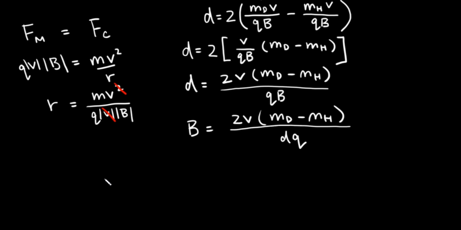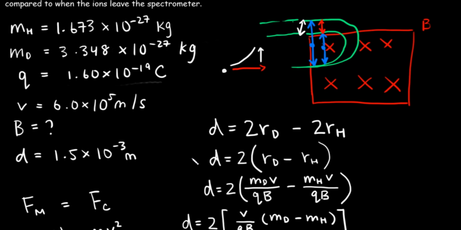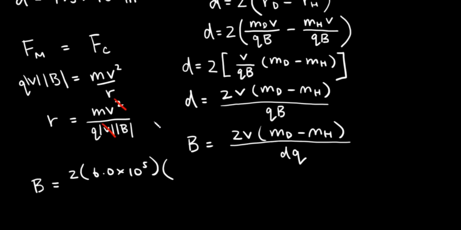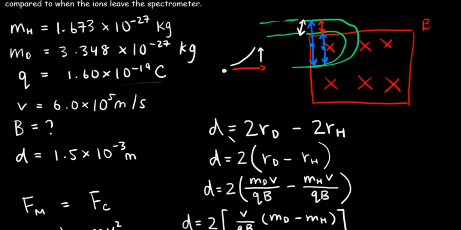Yeah. So now we can plug in the numbers, and hopefully this will give the right answer. So V is 6.0 times 10 to the power of 5. The mass of deuterium, 3.348 times 10 to the negative 27, minus the mass of hydrogen, which is 1.673 times 10 to the negative 27.